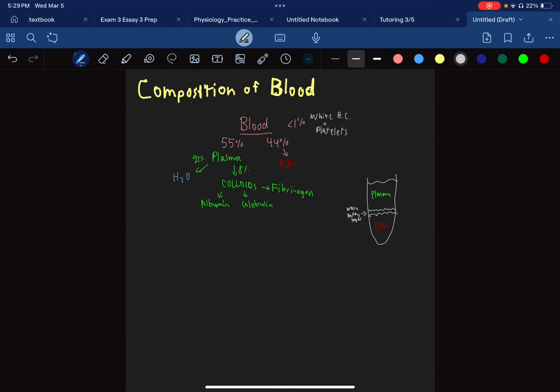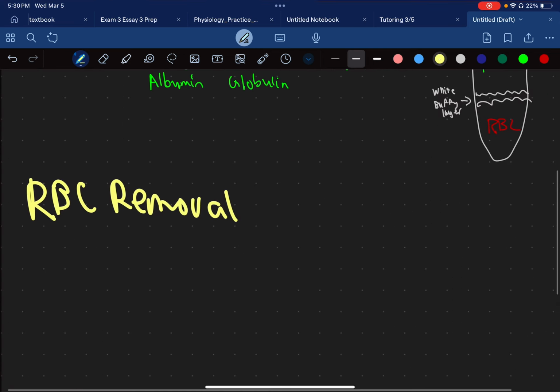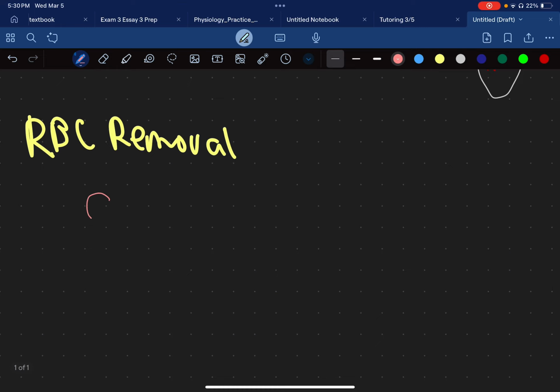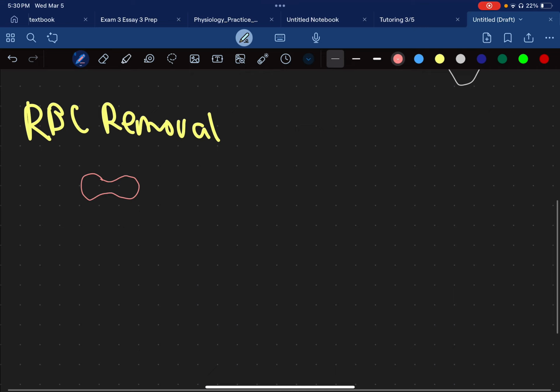So the next thing we're going to talk about is the red blood cell removal. If we draw out kind of an abstract red blood cell, it's got this kind of interesting shape. And this is so that the maximum amount of oxygen can bind to its hemoglobin and so that the blood can carry a good amount of oxygen.